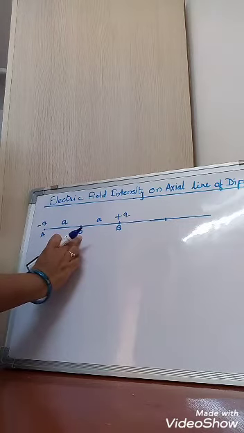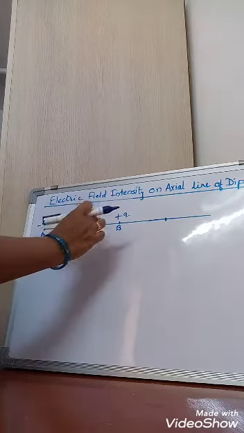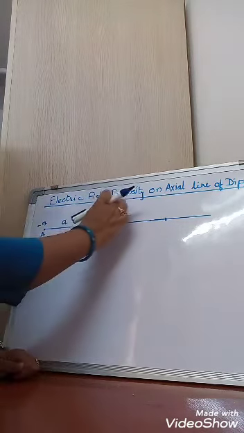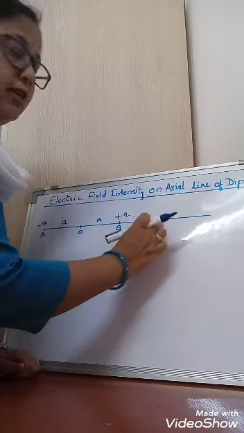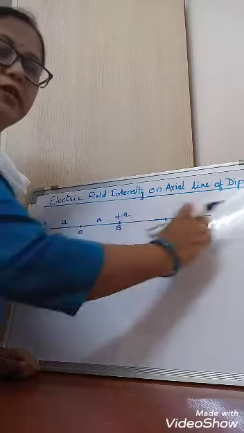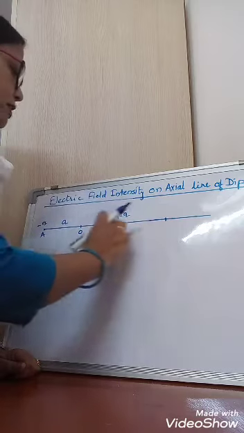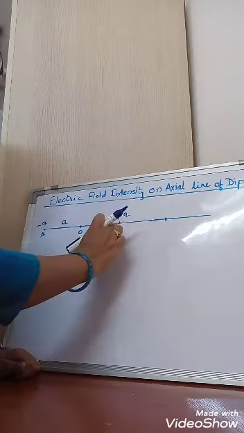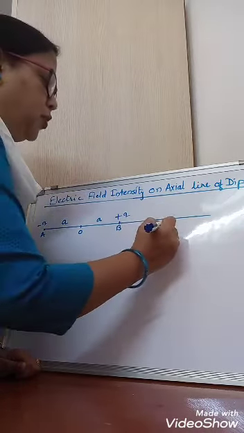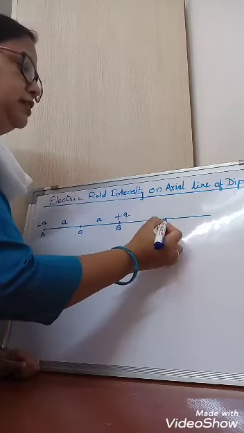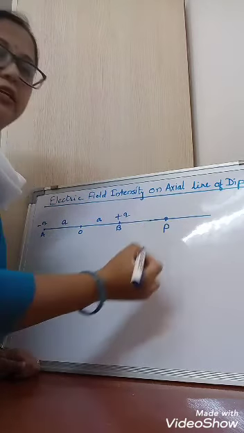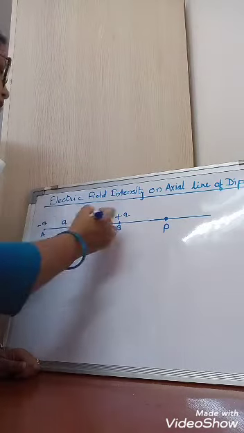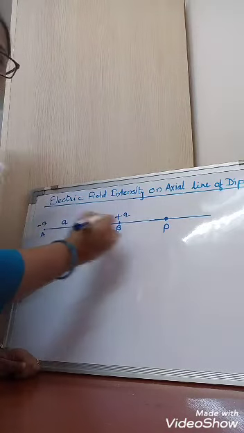O is the center of the dipole. Now we have to find electric field intensity on the axial line. Axial line means nothing but the axis of the dipole, that is along the straight line. If this is the x-axis, then we have to consider the point somewhere here. At this point we are interested in finding the electric field intensity due to these two charges.